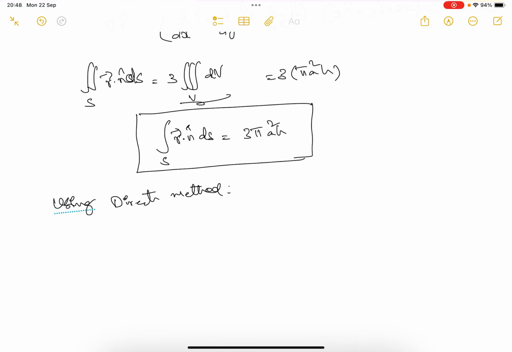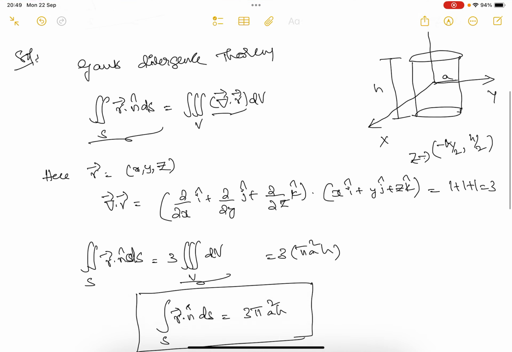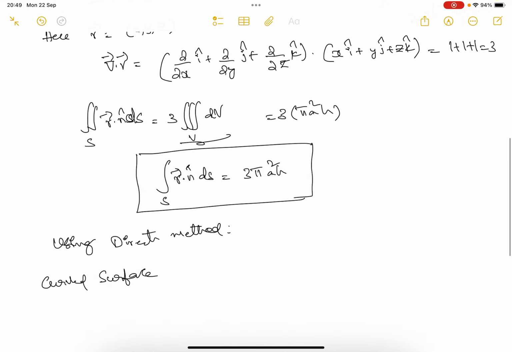Here, let's first calculate the curved surface of a cylinder. As you can see, z varies from minus h by 2 to h by 2 because the origin is centered.